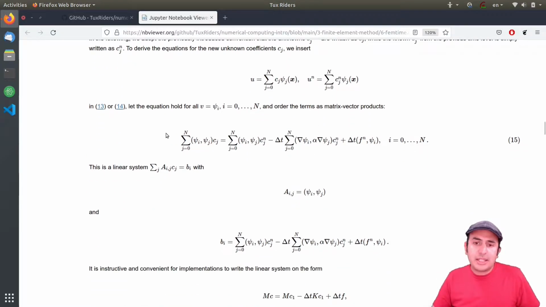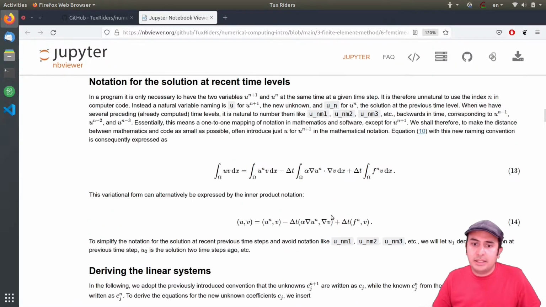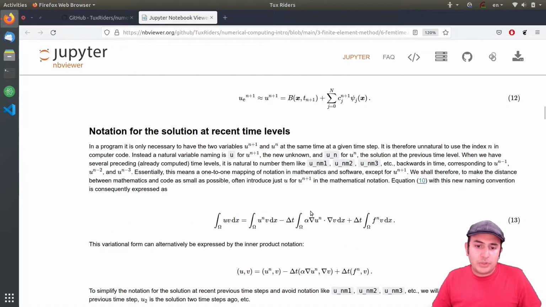So the equation that we had can be converted to something like this, after applying the time derivative. You can see that this is very similar to what we discussed before.